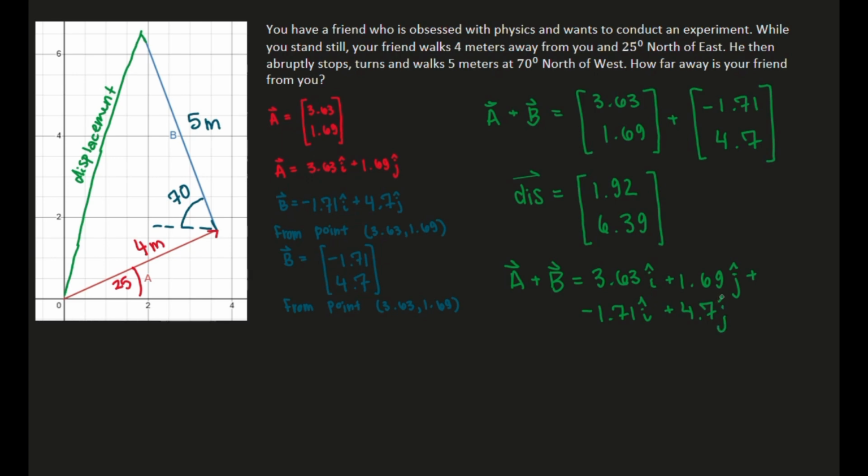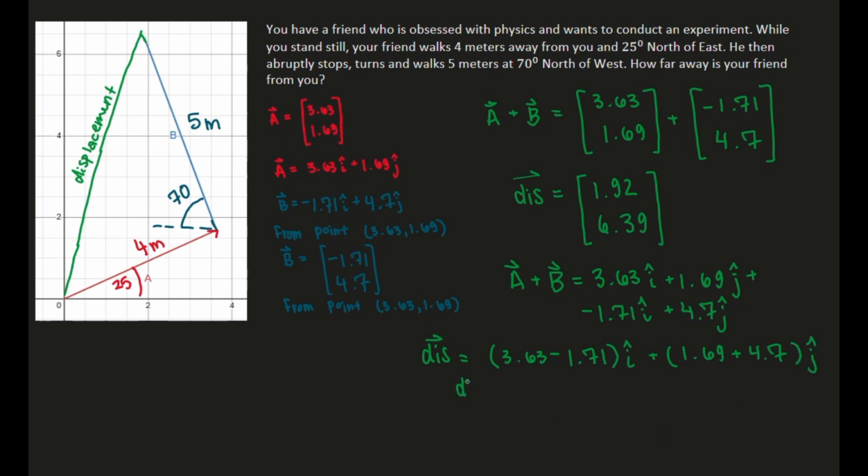And the way I do this addition is I only add like components. So i hat with i hat, j hat with j hat. So I can rewrite this as the displacement, which is equal to 3.63 minus 1.71, both in terms of i hat, plus 1.69 plus 4.7 j hat, and that gives me the same exact value just in a different form.